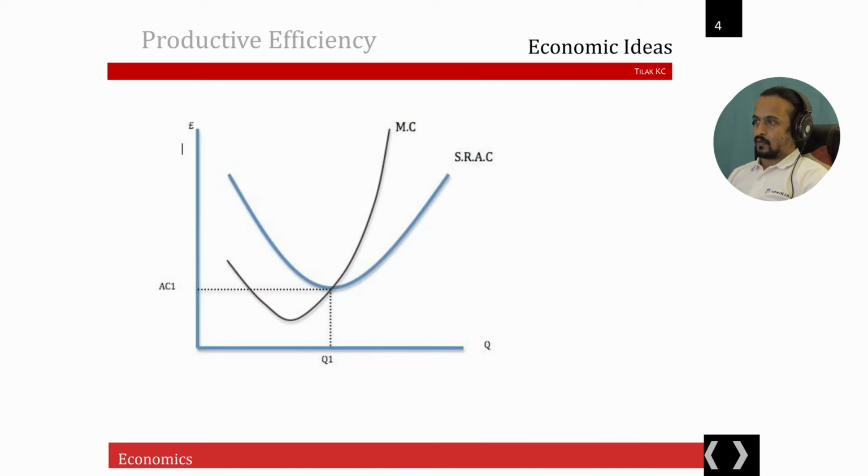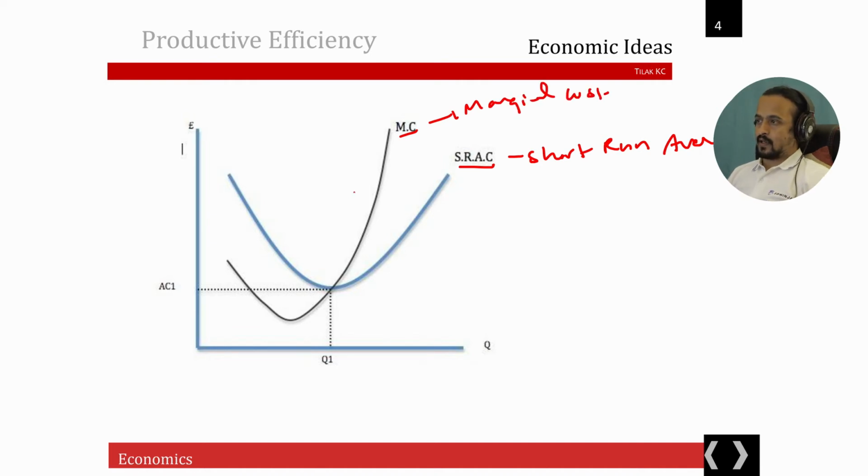Okay, now let's have a look at another diagram. Here SRAC represents the short run average cost curve, and MC stands for the marginal cost.